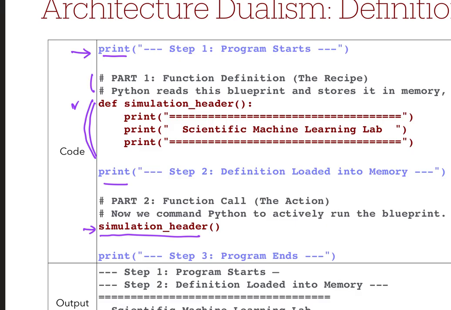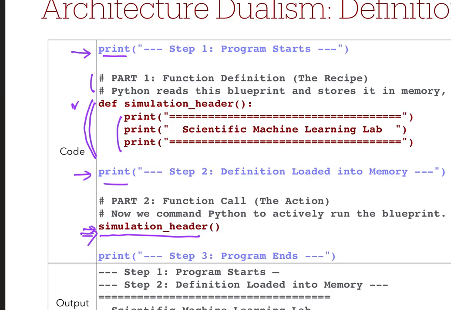When the interpreter sees the definition of a function, it only checks whether the syntax, the grammar, is correct. If the grammar is fine, it skips this part and executes the next print. When you actually call the function, at that point the interpreter will execute each line inside the definition of the function.